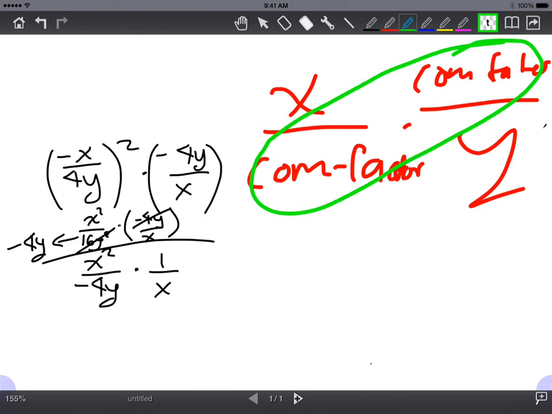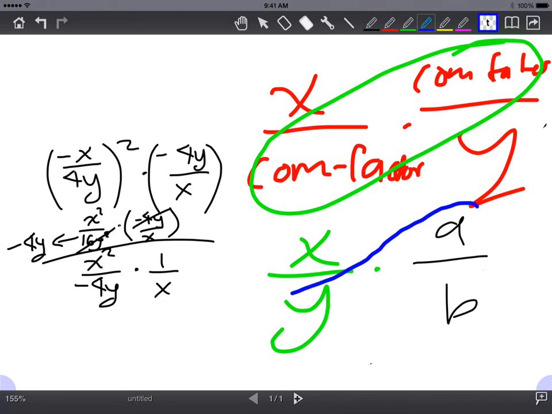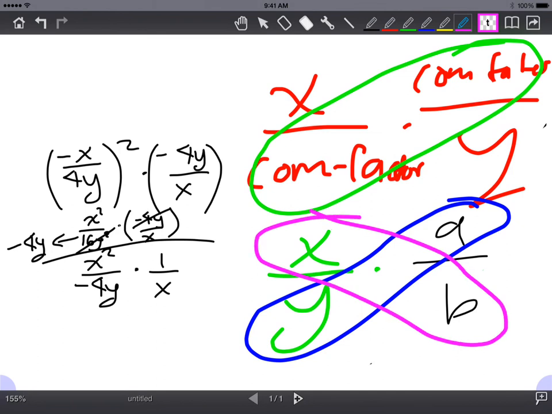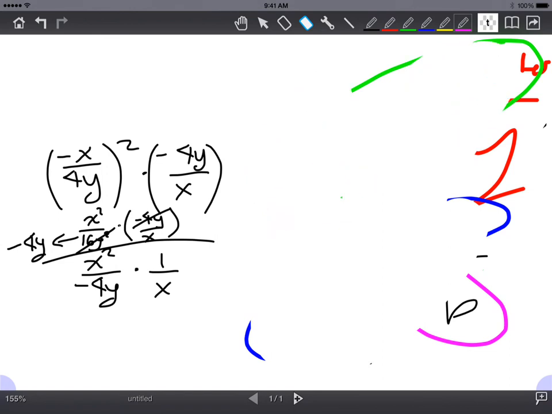So whenever you have two fractions multiplying together, you should always check if a and y share a common factor or if x and b share a common factor. And if so, divide by that common factor, because that can save you loads and loads of time.